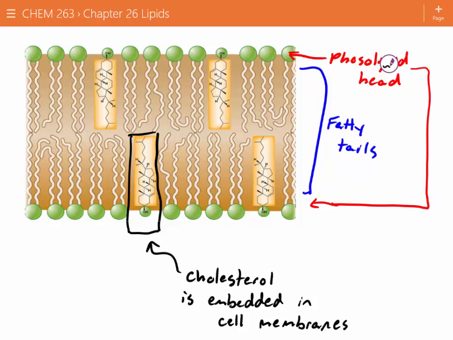Why is it important that we have cholesterol in our cell membranes? Yeah, so we want to regulate how fluid or non-fluid, for that matter, our cells are. So we can add and remove cholesterol into phospholipid bilayers in order to change the property of the cell membranes.